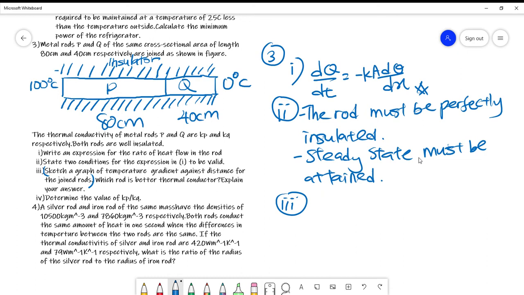Basically the two rods have different temperature gradients, so what we need to do is find out the temperature gradients. I think I lost something here, which is the interface temperature. Let me check it out.